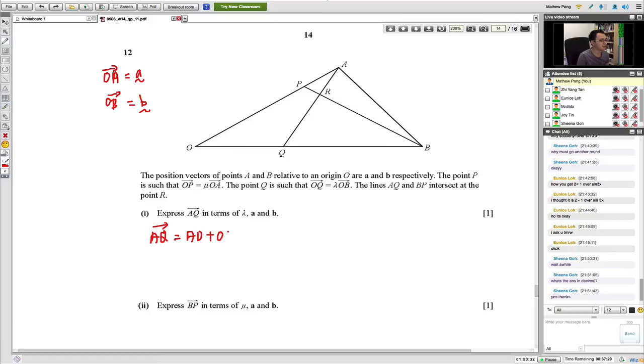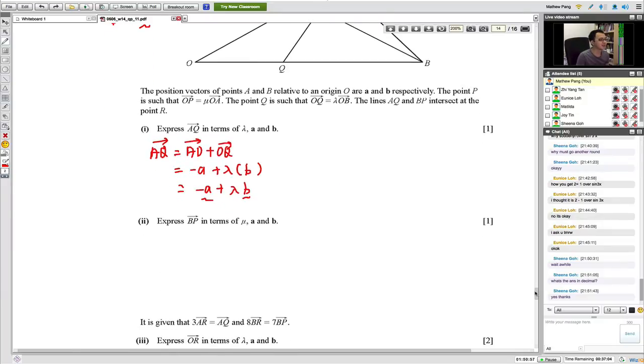AO equals negative a, plus OQ. OQ is lambda OB, and OB is b. So this one is the answer already. It's negative a plus lambda b. That's all.